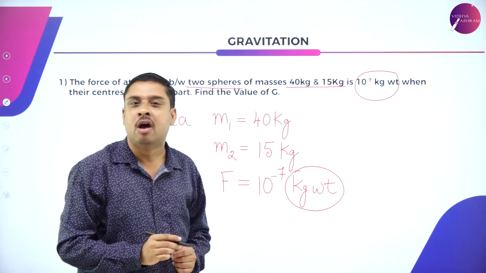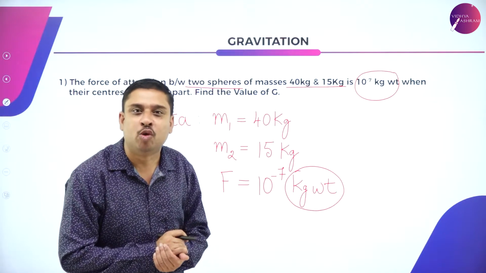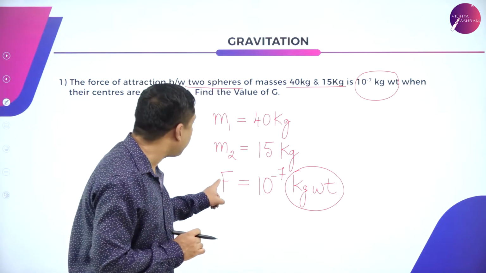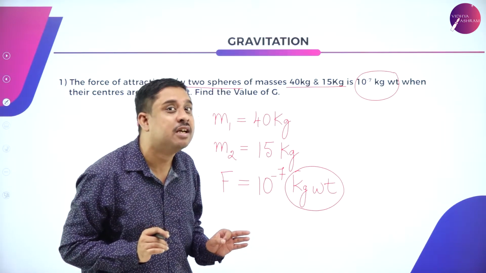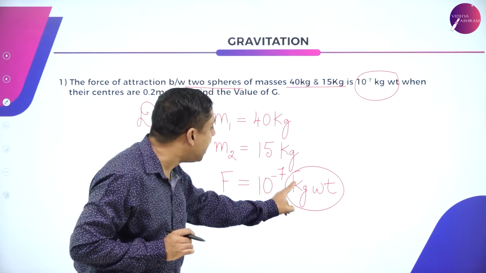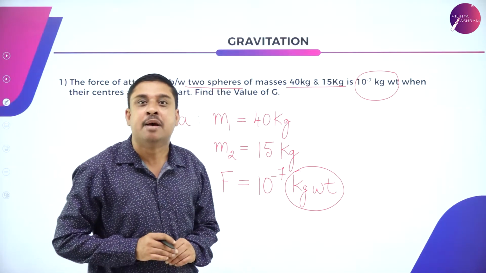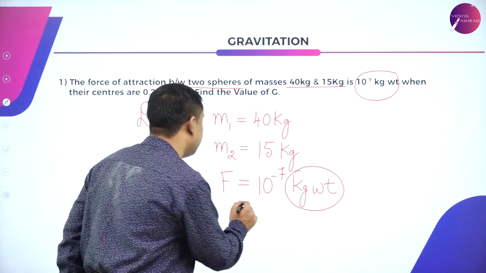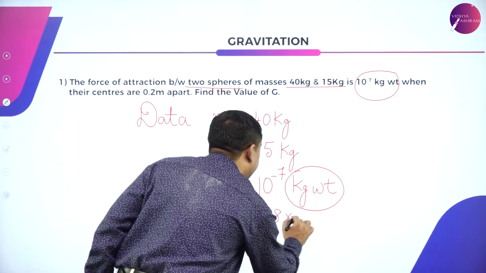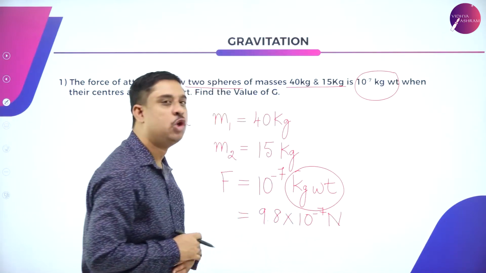I told you, all throughout my calculations, I will be using SI units. So what is the SI unit for force? Good, Newton. How do I convert kg weight into Newton? Multiply by 9.8. So this is 9.8 into 10 power minus 7 Newton.